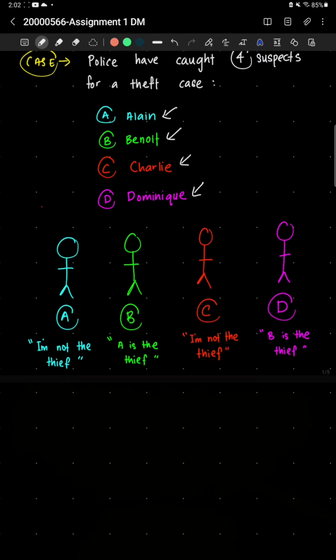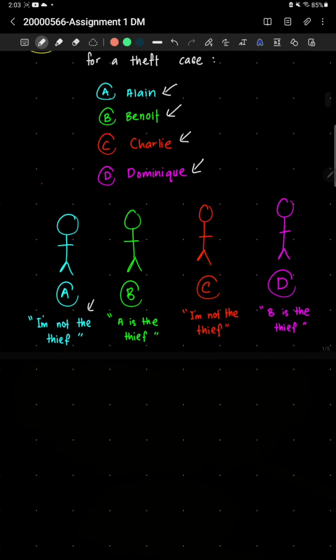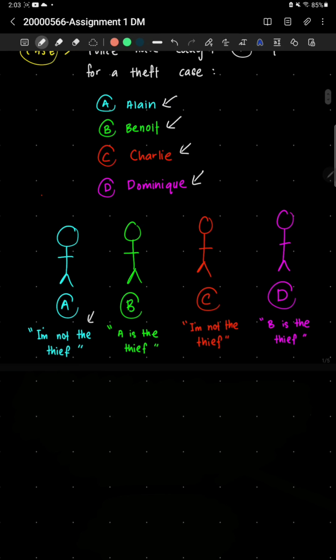To make it easier, I will say their names by their alphabet, which is A, B, C, and D. So A said, "I'm not the thief," which means A accused B, C, and also D. So A said that B, C, and D have the possibility to be the thief. Meanwhile, B said A is the thief, which means B, C, and D are not the thief. He said himself is not the thief, and A is the thief.